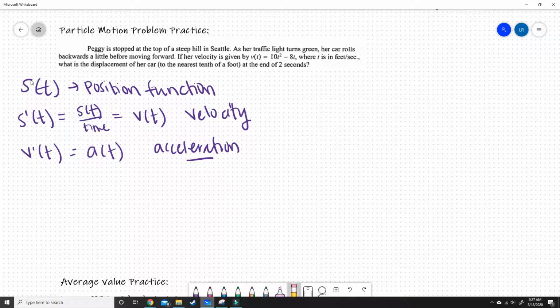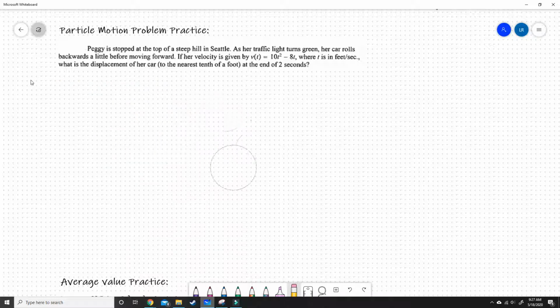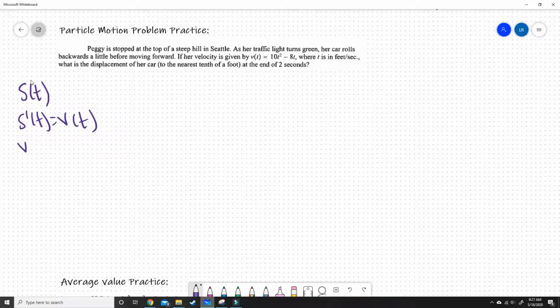I'm going to write this a little bit prettier so that we don't use as much space here. So we have our position function, and then the derivative of the position function is the velocity. And then the second derivative of the position function would be the first derivative of the velocity function, which is the acceleration function.